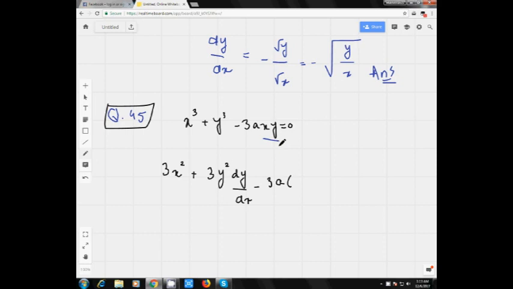When the product rule is applied on the product of x and y, you would get the derivative of the first term, that is x, its derivative is 1, times the other, that is y, plus x times the derivative of the second.